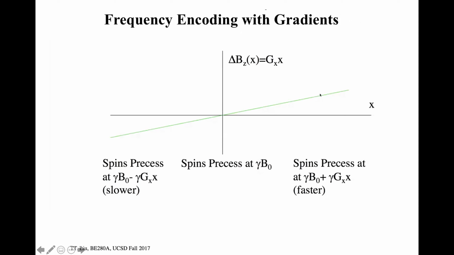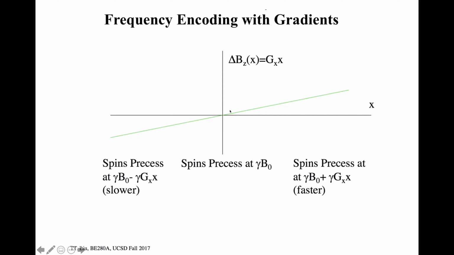All right. So to review, what the gradient does is it changes the Z component of the magnetic field as a function of position in the magnet. We looked before at changing the frequency as a function of Z along the patient.